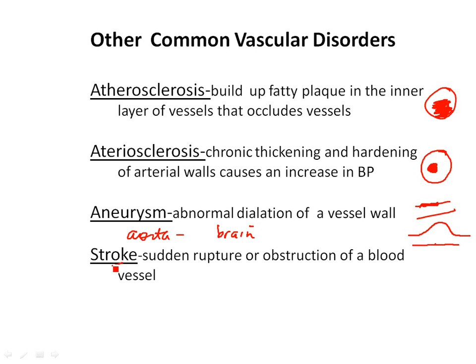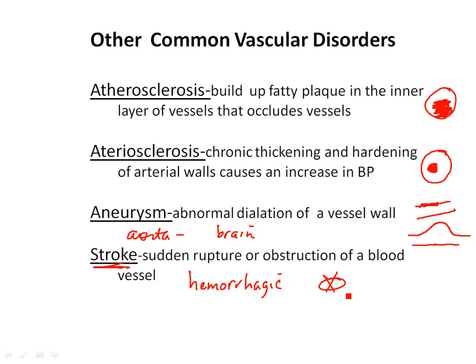So a stroke is actually a sudden rupture of a vessel or the obstruction of a vessel. Now, if it's a ruptured vessel, you would call that a hemorrhagic stroke. Hemorrhagic, that's how I spell it. Anyway, hemorrhagic means it's a bleeding stroke. So you can have a stroke where you're actually bleeding, or you can have a stroke where you actually have an obstruction of the vessel, so things can't flow through.